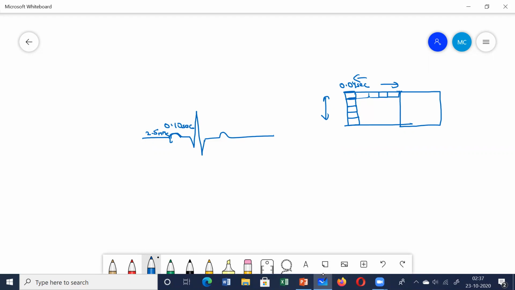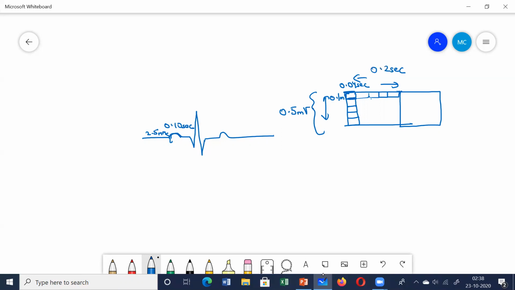Each small 1 millimeter square is 0.1 millivolts in amplitude. So the amplitude of a big square will be 0.5 millivolts. This is how you calculate the time: 0.04 seconds for each small square, so each big square will be 0.2 seconds.